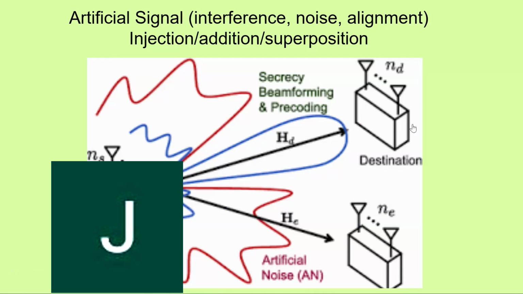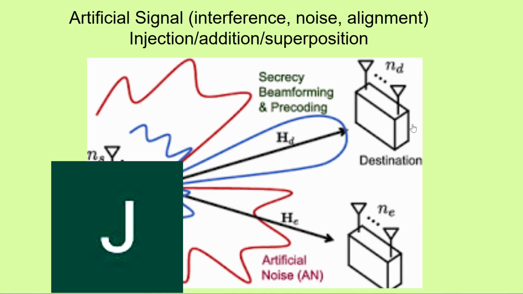Why? Can anybody tell you why? Why can we not apply it if the number of antennas at Alice and Bob is the same, for example? Because in this case, mathematically, there is no null space. To have null space vectors, you have to have a degree of freedom. A degree of freedom means more antennas at Alice than the number of antennas at Bob.